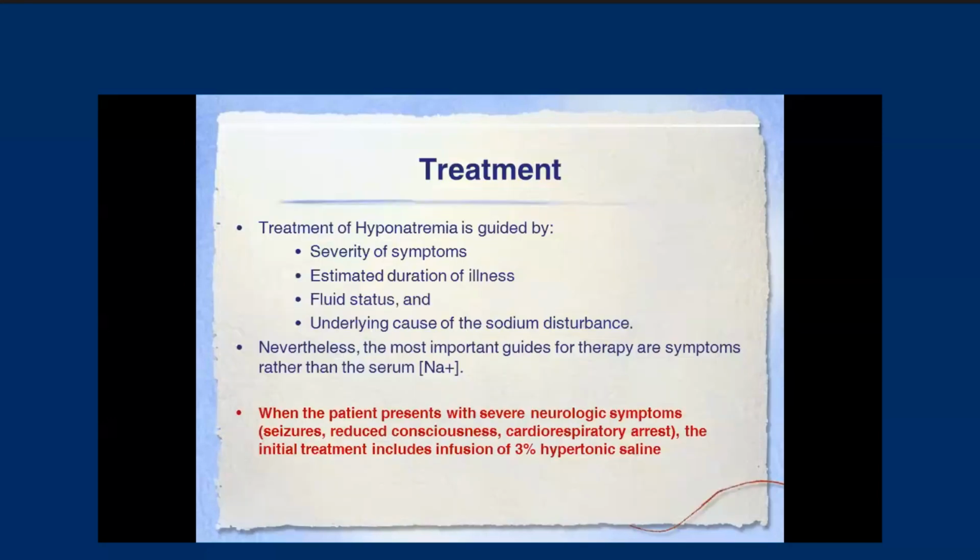So coming to the treatment, the treatment of hyponatremia is guided by the severity of the symptoms and estimated duration of the illness, whether it is acute or chronic, or the fluid status of the patient, whether the patient is hypovolemic or hypervolemic, and based on the underlying cause of the sodium disturbance.